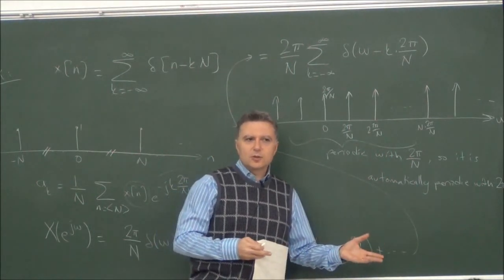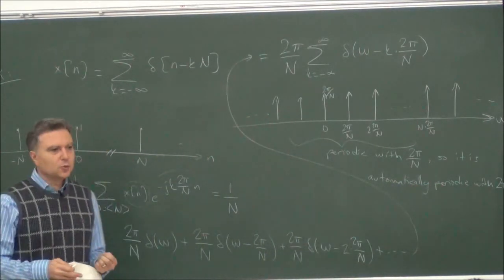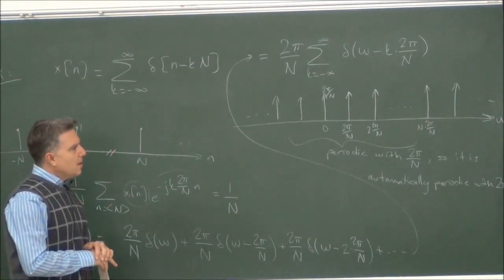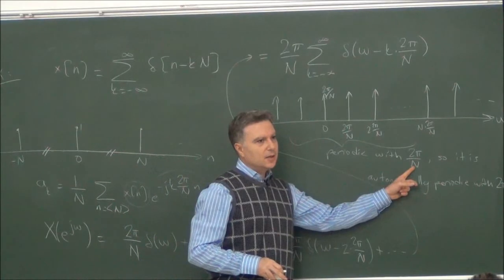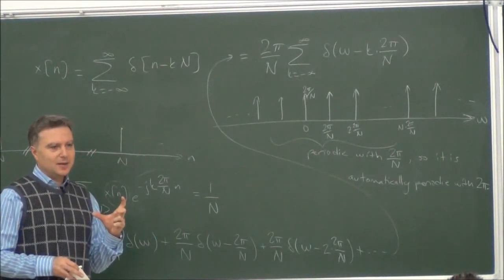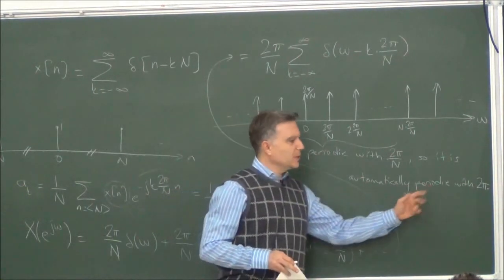So it is also periodic with 2 pi. And that condition of being periodic with 2 pi is satisfied, because, as I say, capital N is an integer. If it's a rational number, by the way, it is still valid that it becomes periodic with 2 pi.